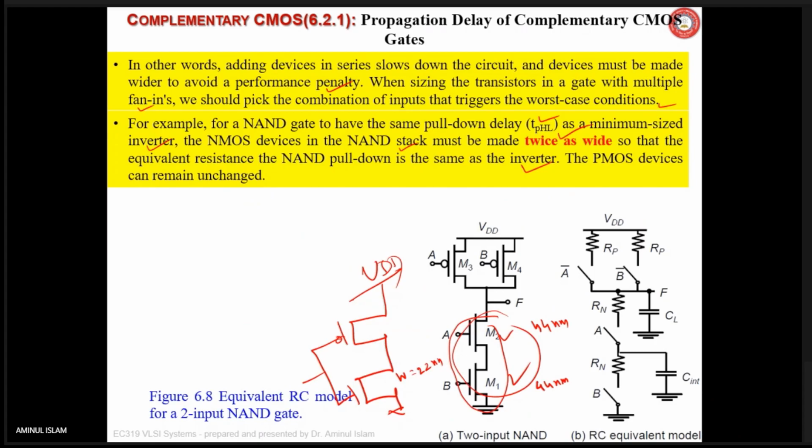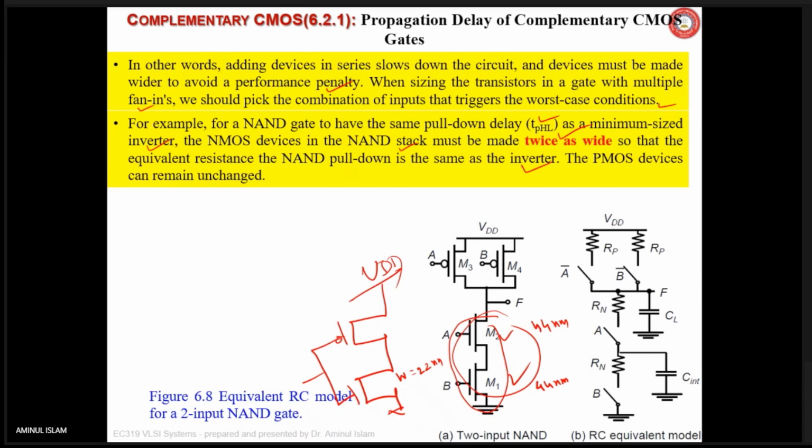In other words, adding devices in series slows down the circuit, and devices must be made wider to avoid a performance penalty. When sizing the transistors of a gate with multiple fan-ins, we should pick the combination of inputs that triggers the worst case conditions.